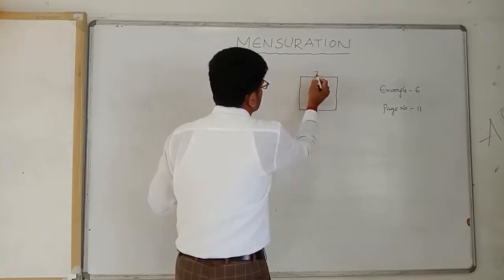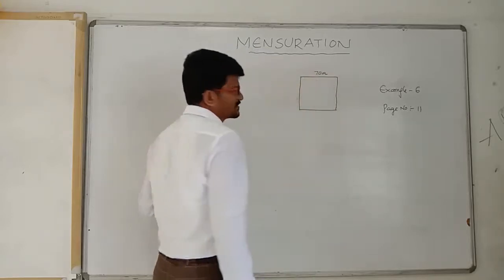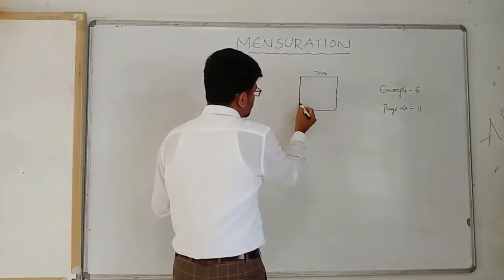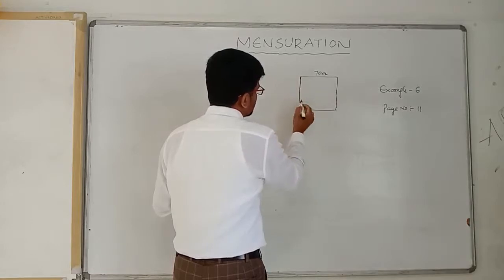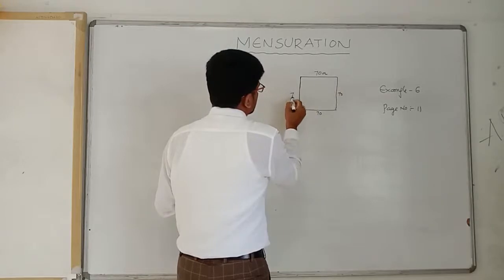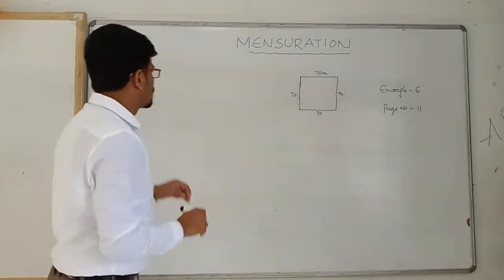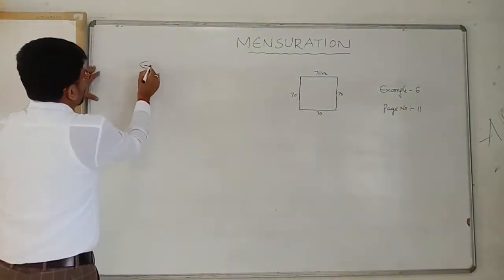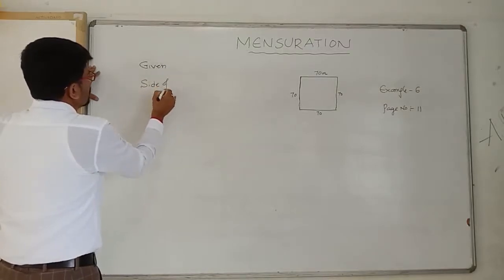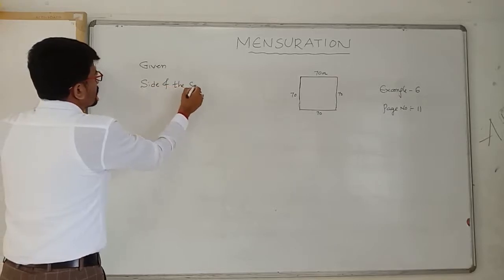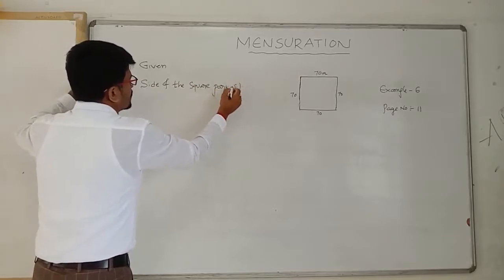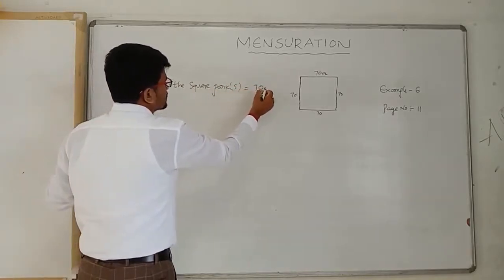Okay, what is this length? 70 meters. Square means it's a regular polygon, right? All the sides are equal, right? That is why all 70 meters. Now, given side of the square park, S is equal to 70 meters.